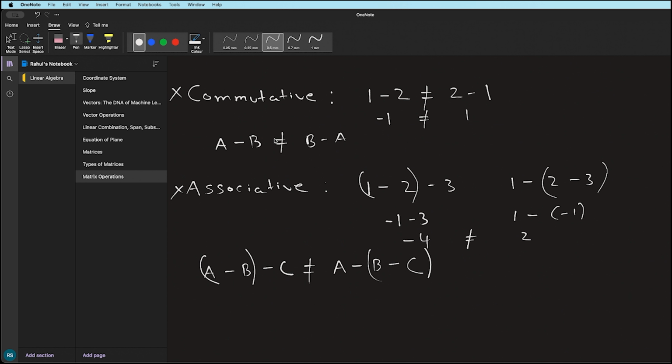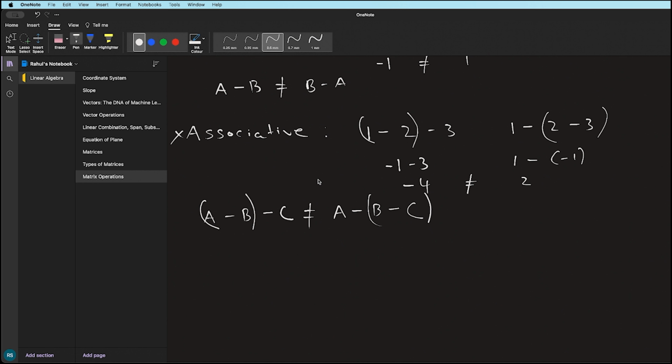Also, I forgot to tell you one more thing about the dimension of the matrix. We have studied that for matrix addition or subtraction, the shape or the dimension of the matrices must be the same.